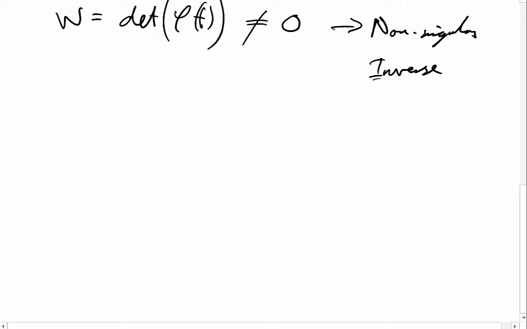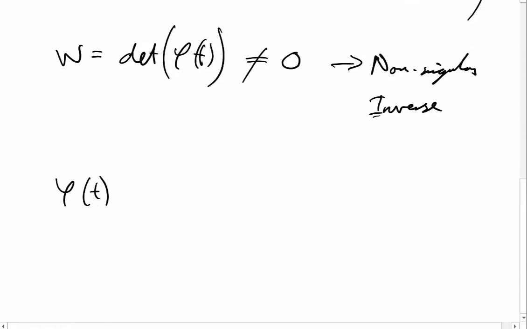Okay, so basically now we've got a matrix. This is our matrix up here. I'll show you with an example what that would look like. This matrix consists of solutions of our original equation. So what is our original equation? dx by dt equals Ax.